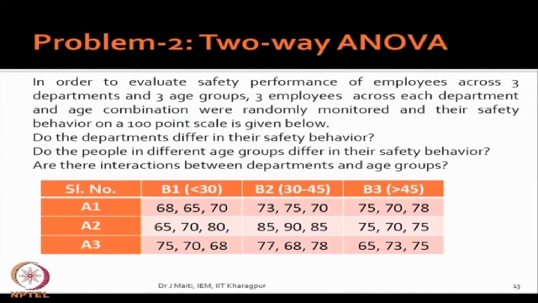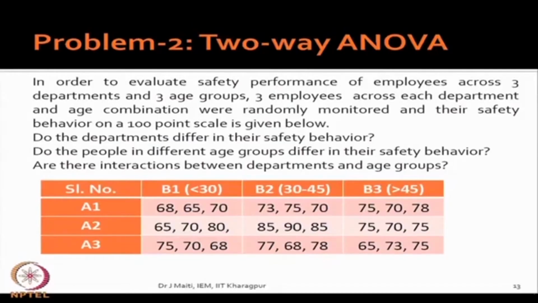But let us see, it is a separate problem now. In order to evaluate the safety performance, as I told you, 3 departments and 3 age groups are considered. That means our assumption here is that the 3 departments are 3 different populations or levels, and different age groups also have different levels.